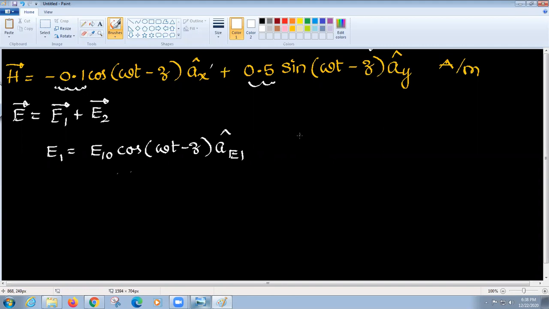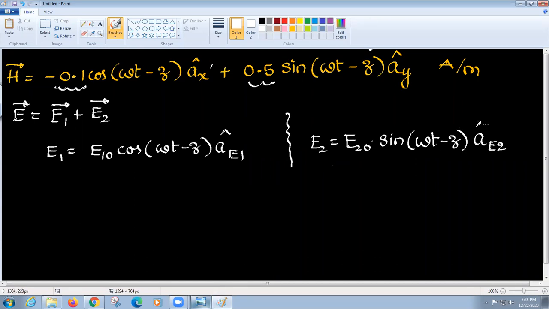I just go for E2 now. So E2 is equal to, instead of H2 naught, I'll take E2 naught, and I have the same form for E as well as H. So I just take again sine omega t minus beta z. So I have ay, I don't know what I'm going to get for this, so let me take this one as my E2 component, like this, ae2 roof.